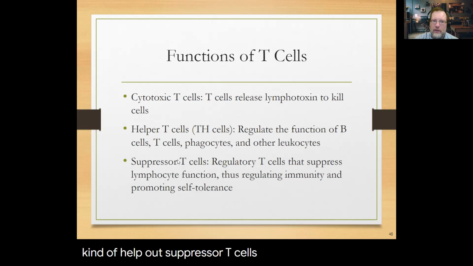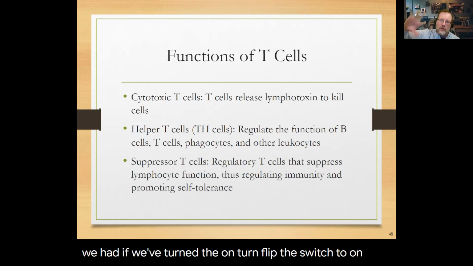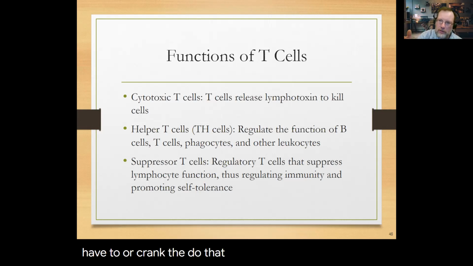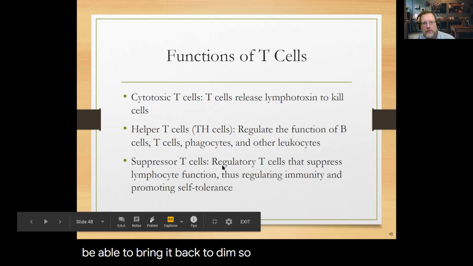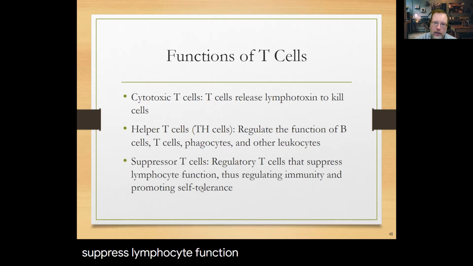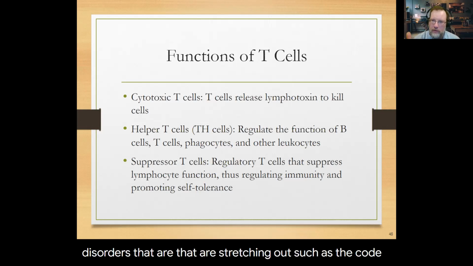Suppressor T cells, again, if we've flipped the switch to on, or cranked the dimmer to bright, we need to be able to bring it back to dim. So suppressor T cells suppress lymphocyte function. This is what we need to happen potentially with certain diseases or disorders that are stretching out, such as the coronavirus.